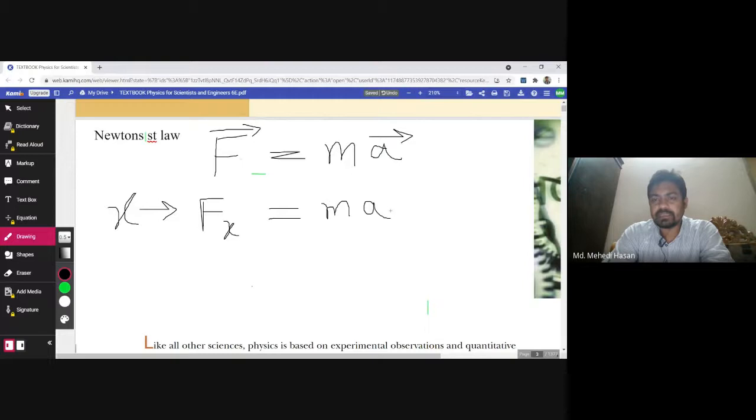That means this is the x component. Now if you consider the y component of this equation, it will be Fy equal to may. So these are the two equations in component form.